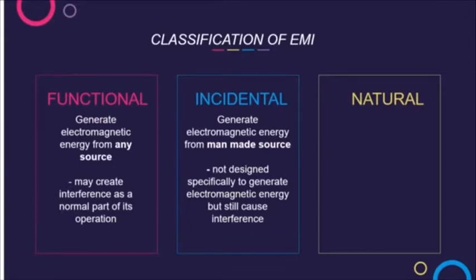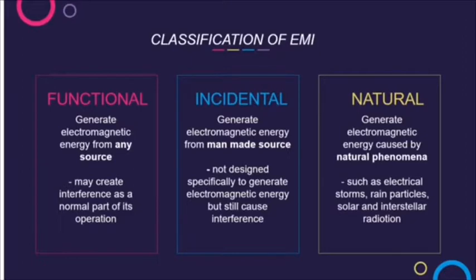It is not designed specifically to generate electromagnetic energy but still causes interference, while natural EMI is electromagnetic energy caused by natural phenomena, such as electrical storms, rain particles, solar and interstellar radiation.